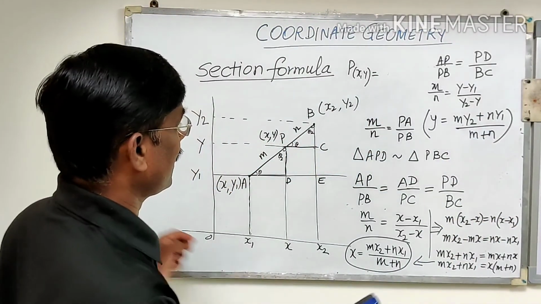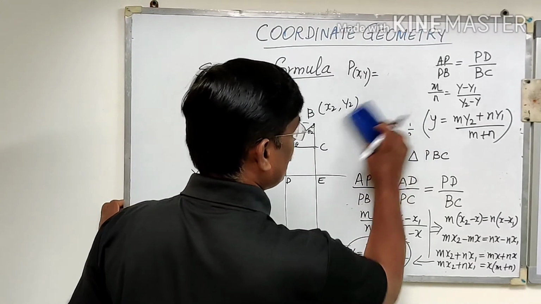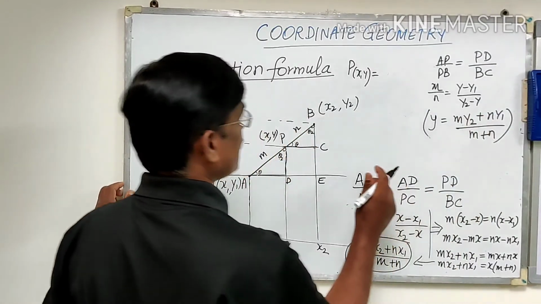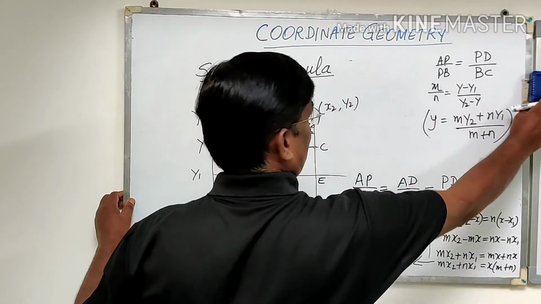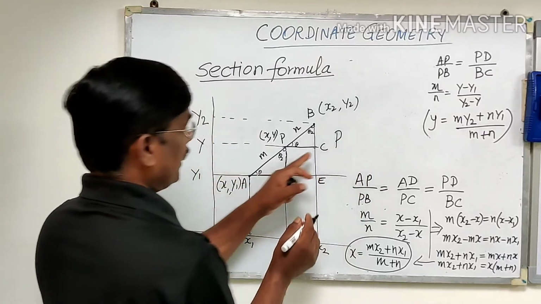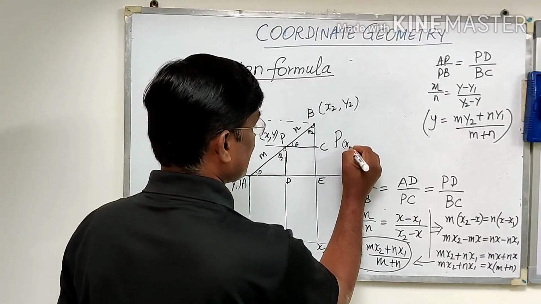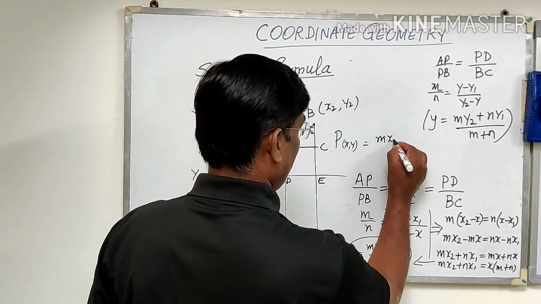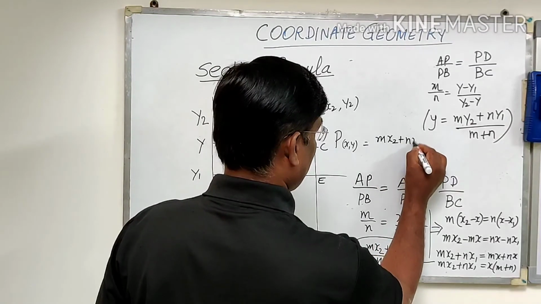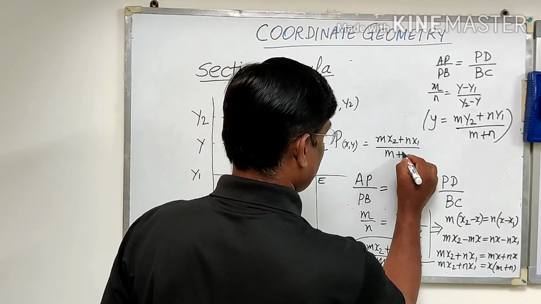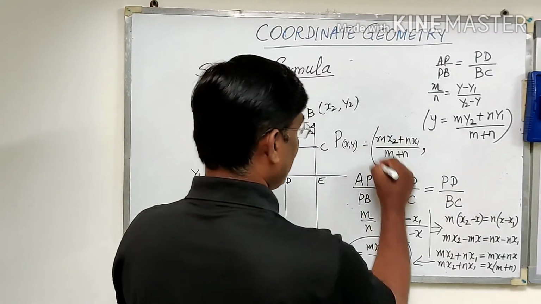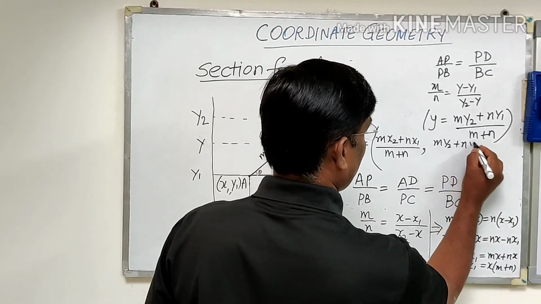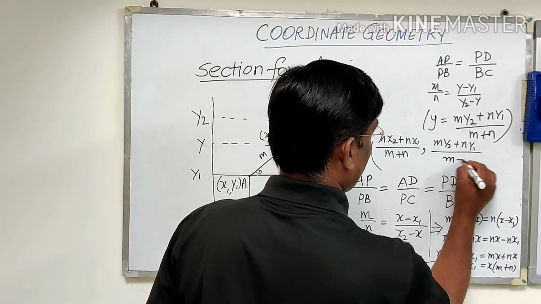I have to rub some area. I am removing this. So the coordinate of the point x comma y is nothing but m x2 plus n x1 divided by m plus n. This is the x coordinate, and the y coordinate is m y2 plus n y1 divided by m plus n.